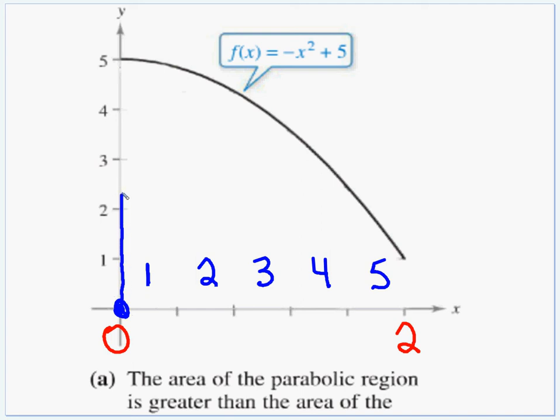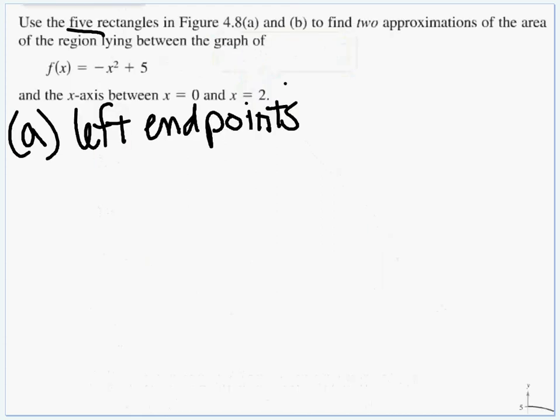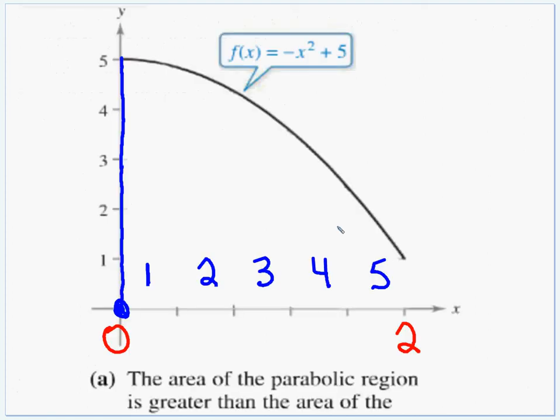And if I go up until I hit the curve, back up, scratch out that left, we're going to do right endpoints. My bad, right endpoints. The right endpoints, most of the time, are a little bit easier. Those are the ones we'll do longhand with the algebra. The left endpoints we'll do with the calculator. So scratch the left endpoints. We're going to do the right endpoints.